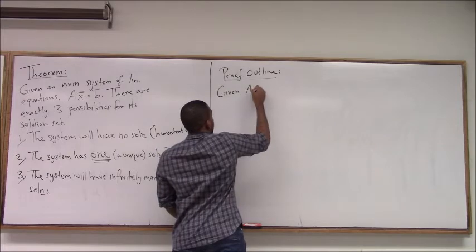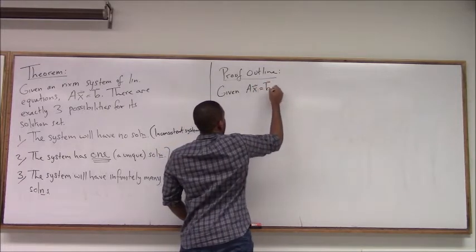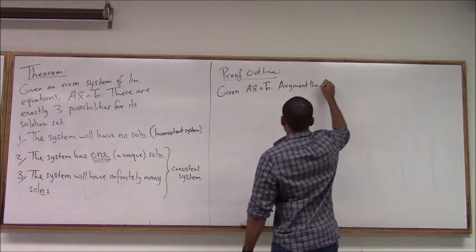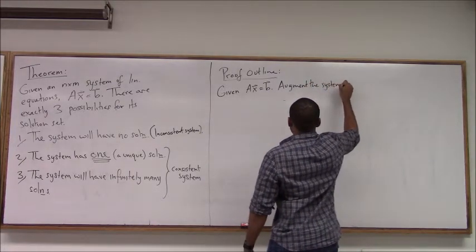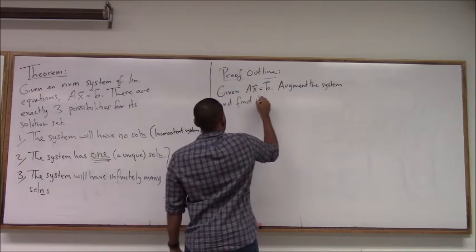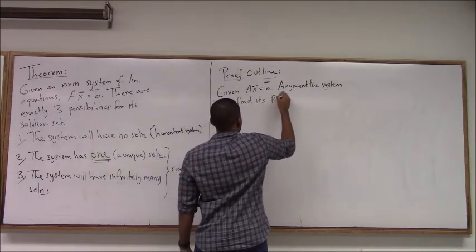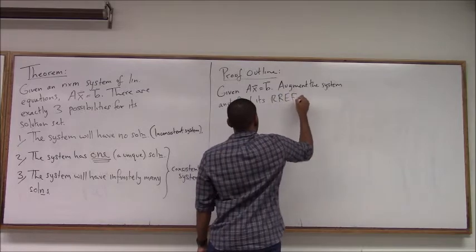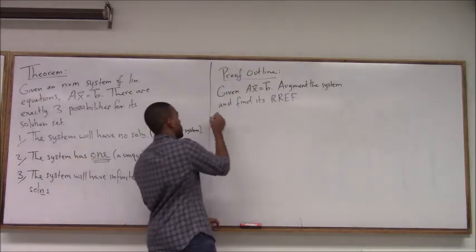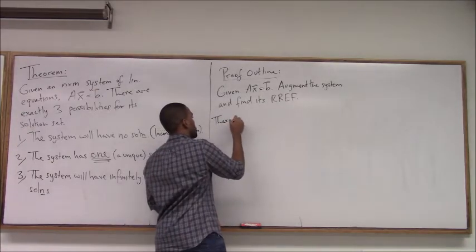So given Ax equals b, augment the system and reduce it to echelon form. Now there are two cases.